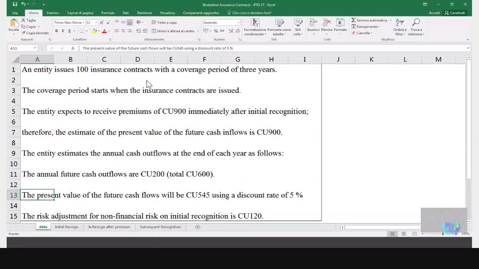The final piece of information is the risk adjustment for non-financial risk, the uncertainty that I have regarding the timing. Maybe I will pay these 200 cash units not exactly at the end of year 1, 2, and 3, but somewhere in the middle, and things like this.